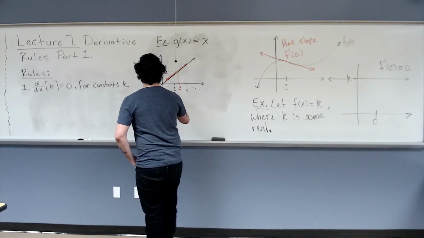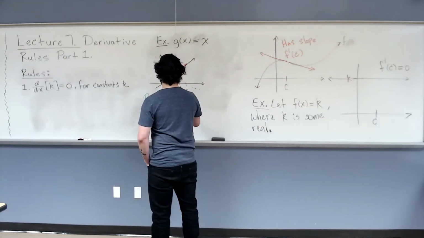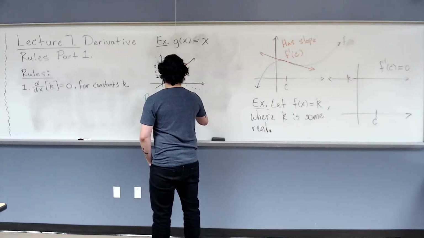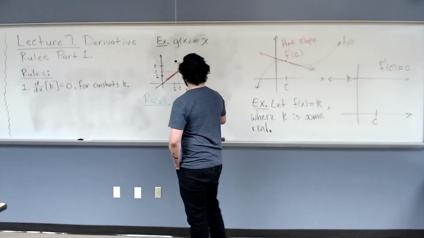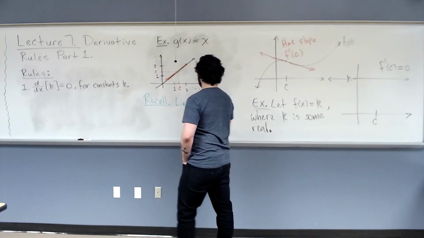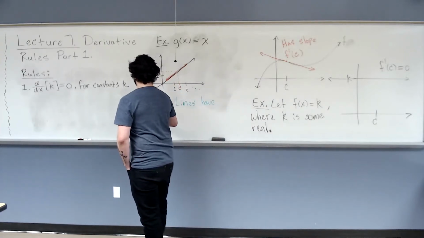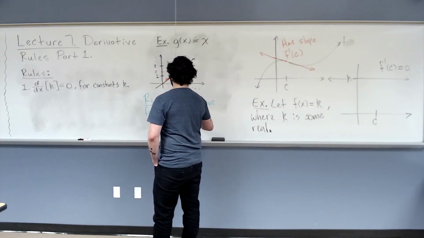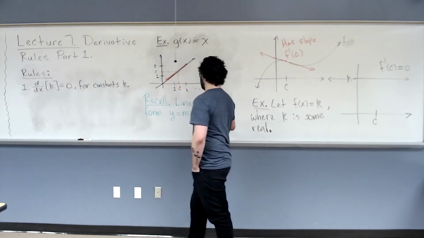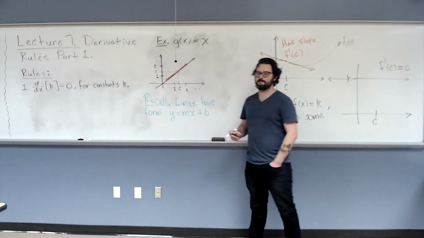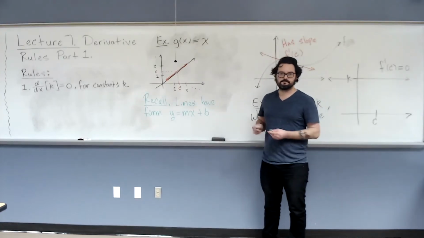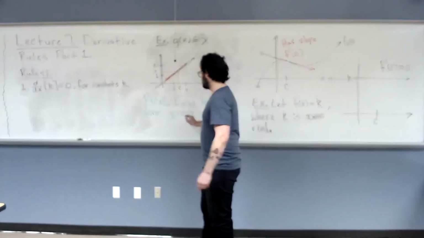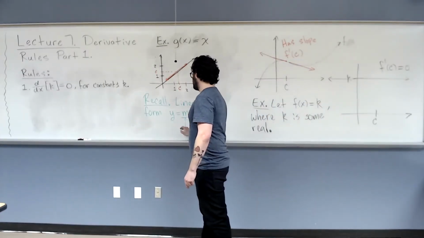If you remember, or maybe recall, from college algebra or something like that, lines that form y is equal to mx plus b, right? Where this right here, that's your slope.